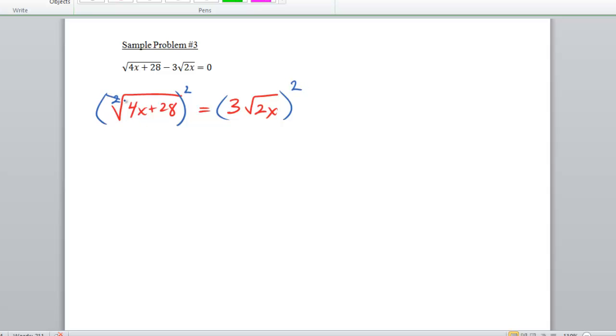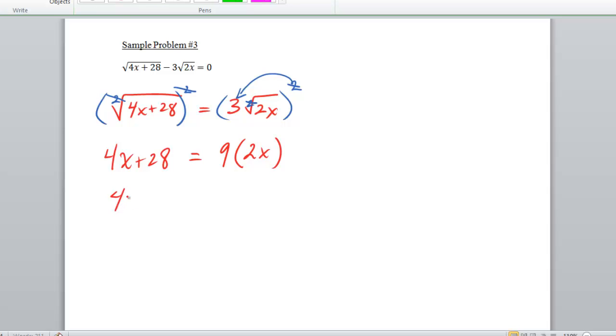Now, this square root and that root cancel each other out. Keep in mind here that this power actually has to go to the 3, and it will cancel out that root separately. So you need to make sure that you account for both parts. So that's 9, and that leaves you 2x.